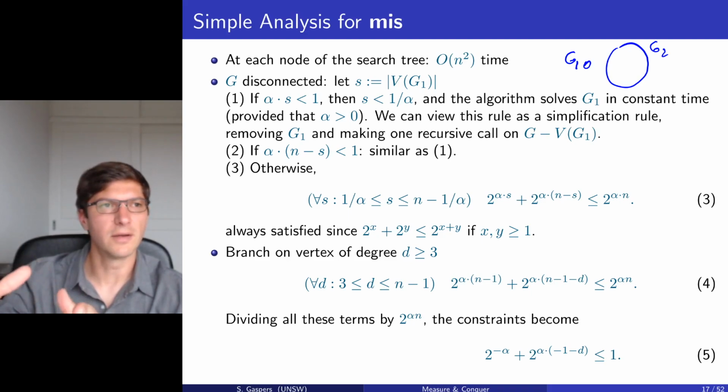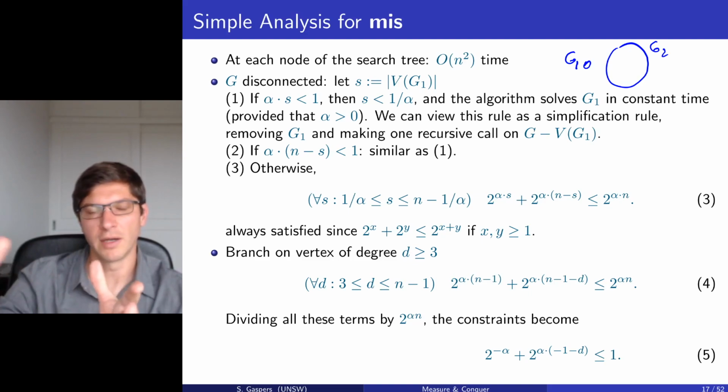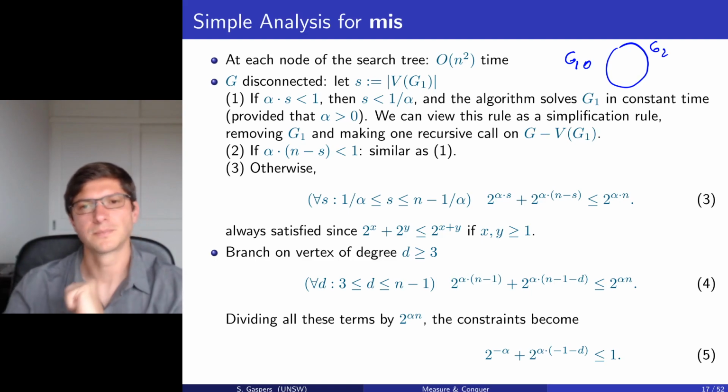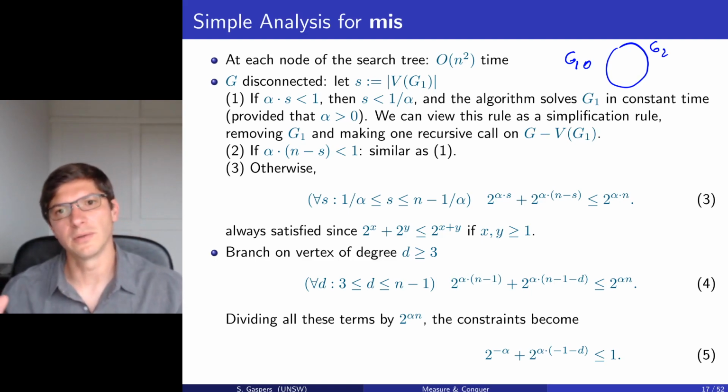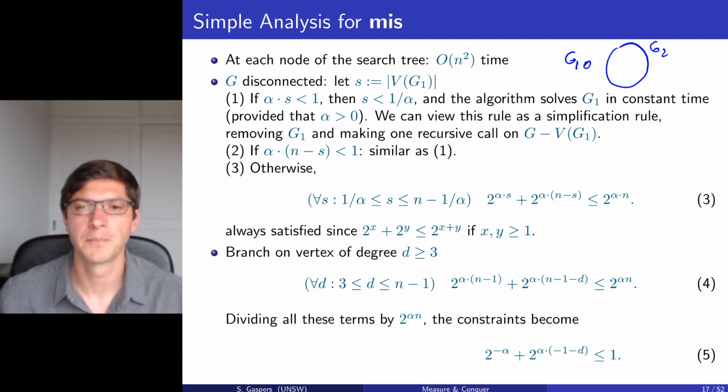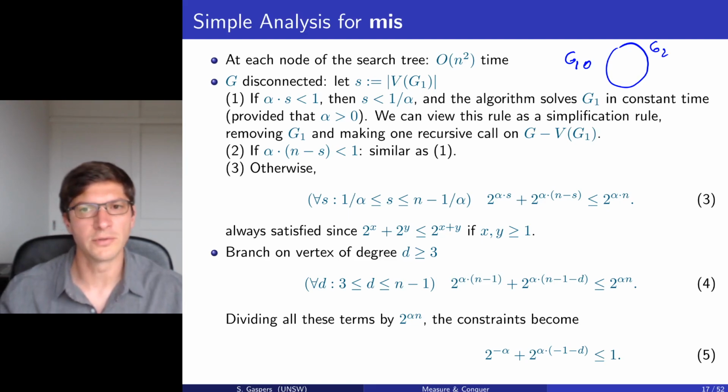In this node, we can view this as solving G1 first in constant time, and then making one recursive call to solve G2. This works because the computation for G1 is really fast. We are allowed to use polynomial time in our node of the search tree, and so solving G1 takes only constant time. We do that when G1 has a small constant number of vertices, and also if G2 has a small constant number of vertices.